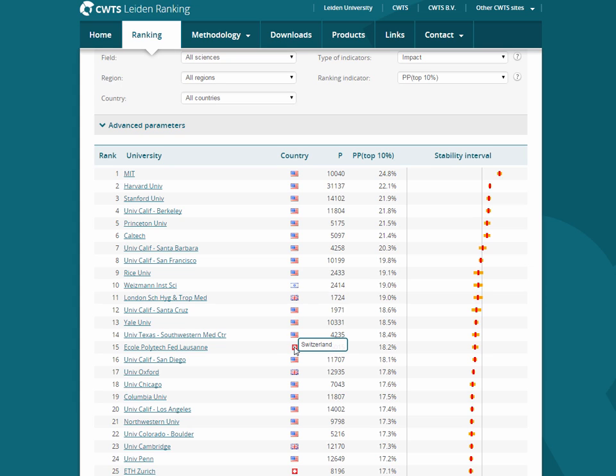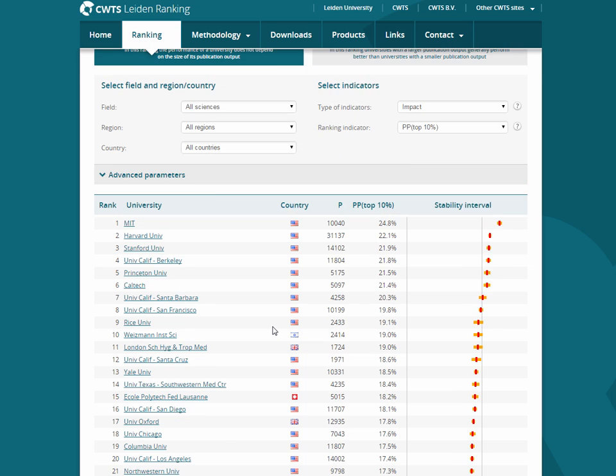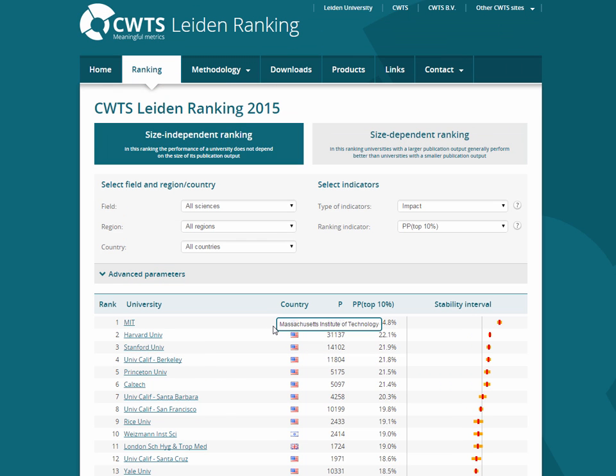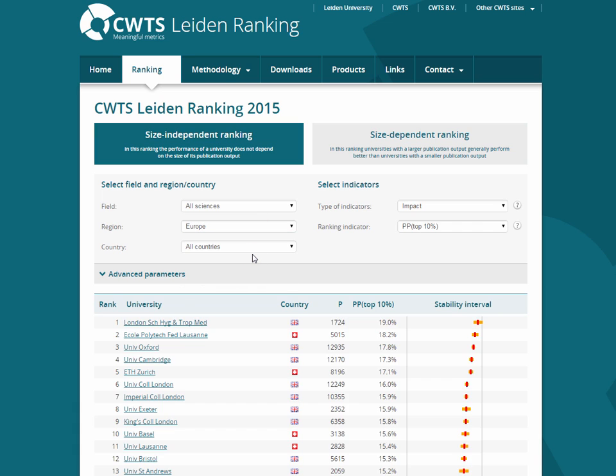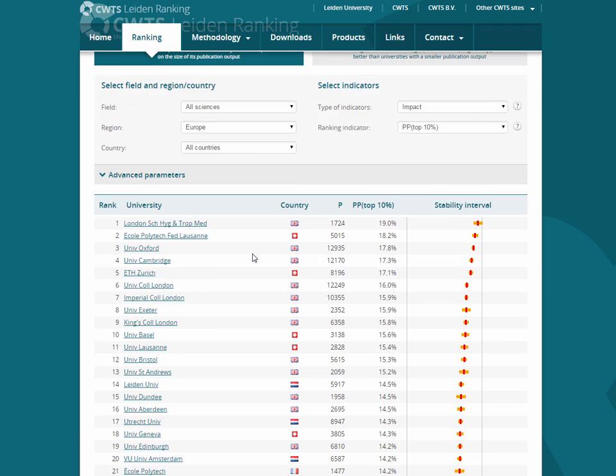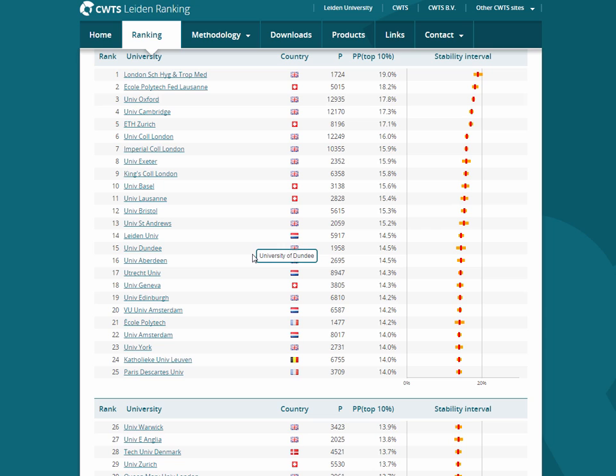If we, for example, are interested in a ranking of only European universities, then we can filter based on region. In the top 25 of European universities with the highest percentage of frequently cited publications, we see mainly universities from the UK, Switzerland, and the Netherlands.